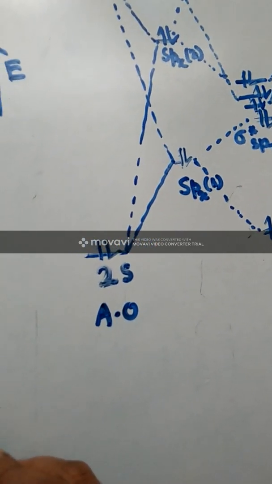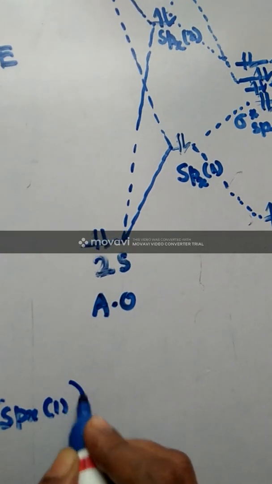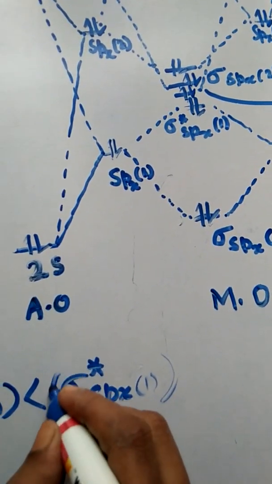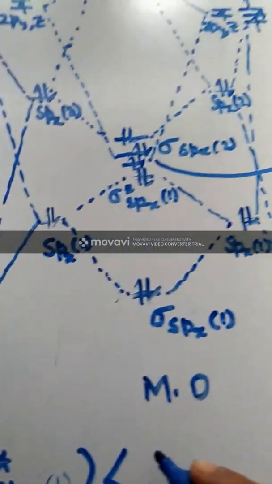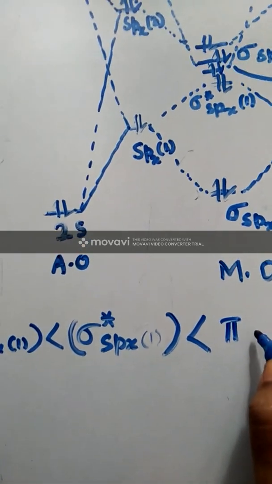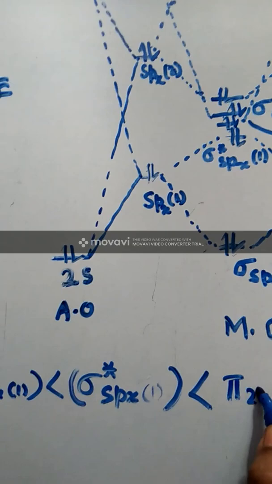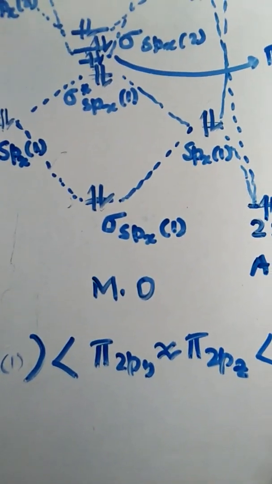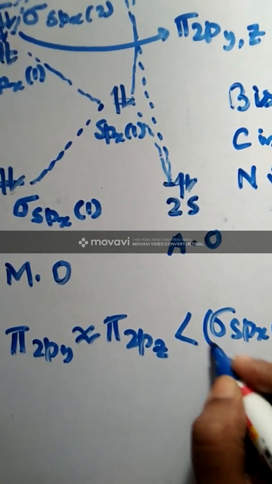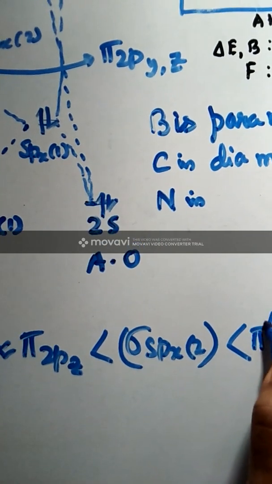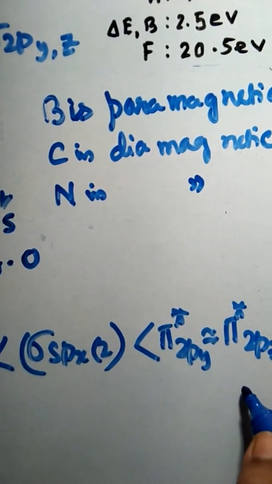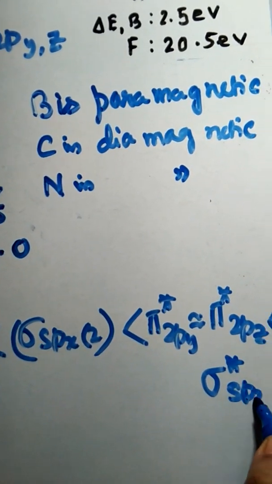So first let me write sigma SPX1, then sigma star SPX1, and after that there will be pi 2py nearly equal to pi 2pz, then comes sigma SPX2, then comes pi star 2py nearly equal to pi star 2pz, then sigma star SPX2. So this will be the arrangement of the molecular orbitals.